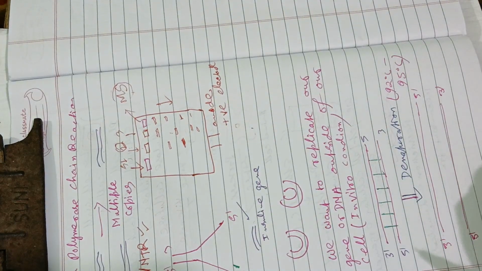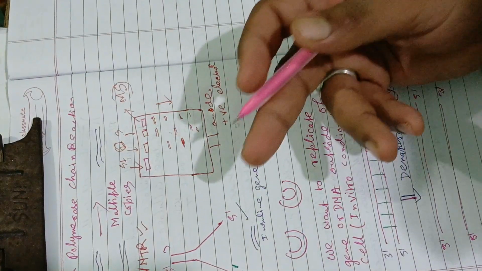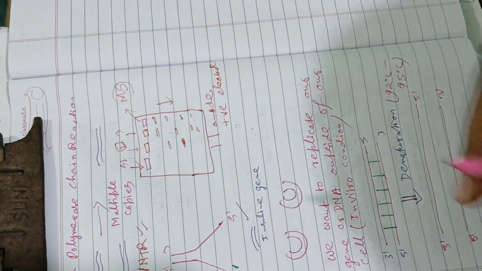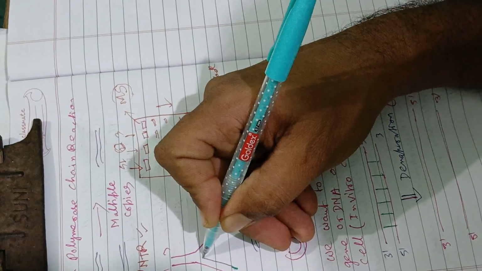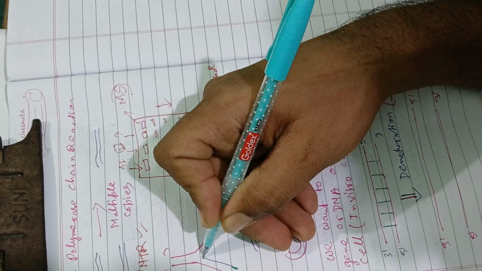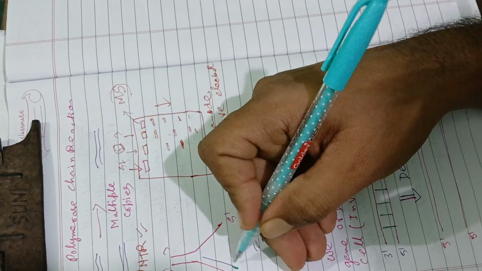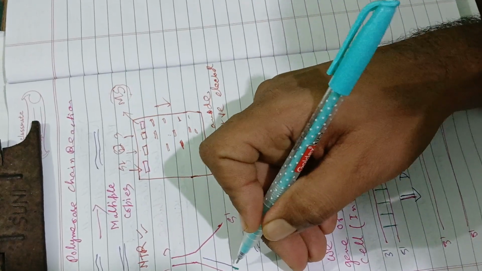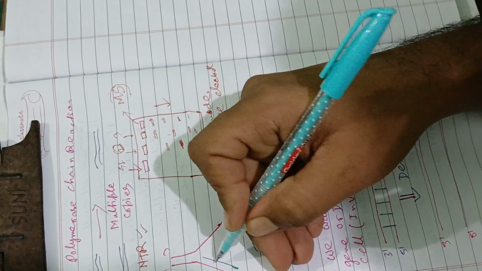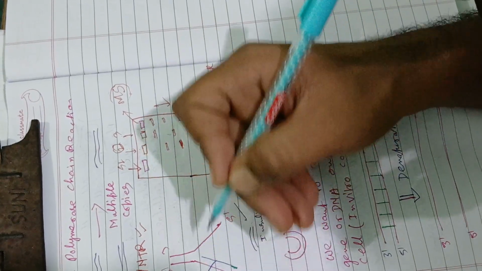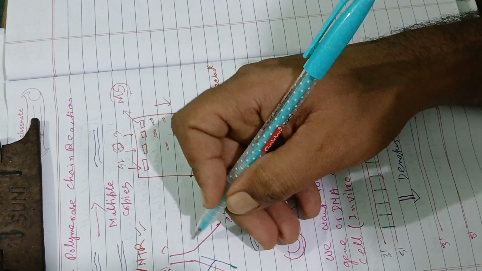Then the main enzyme is DNA polymerase 3. This enzyme adds the new nucleotides to form the new strand. So first work is to produce the small primer or small RNA. Then DNA polymerase adds the new nucleotides and produces the new strand.